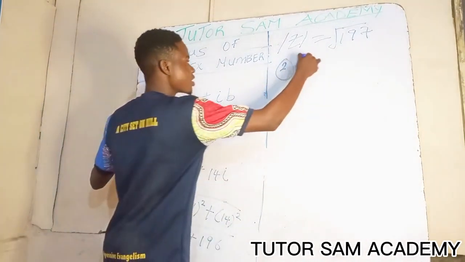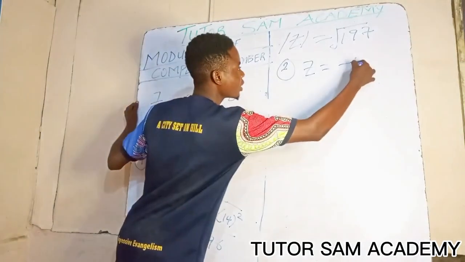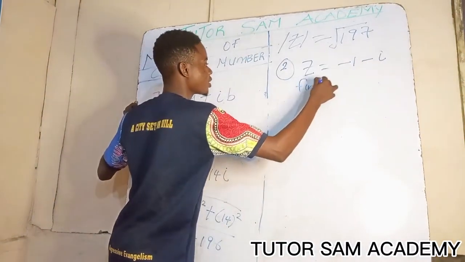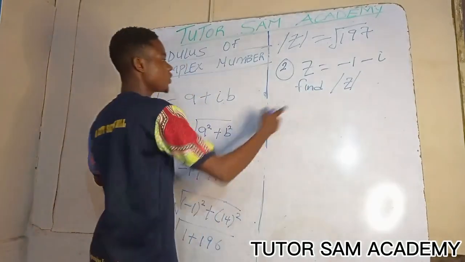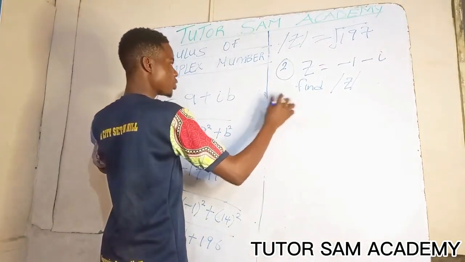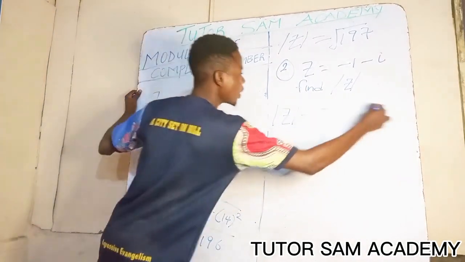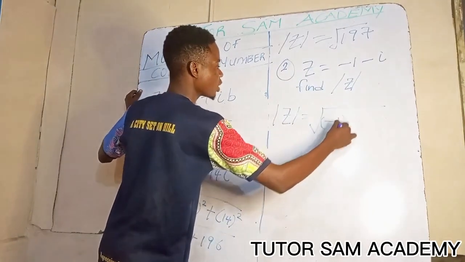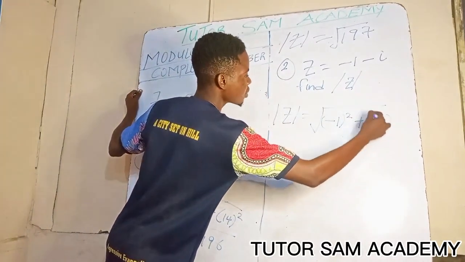Let's say we have z to be equal to minus 1 minus i. Find z modulus. So if you have to find the modulus of z, z modulus will be equal to square root of minus 1 squared plus minus 1 squared.